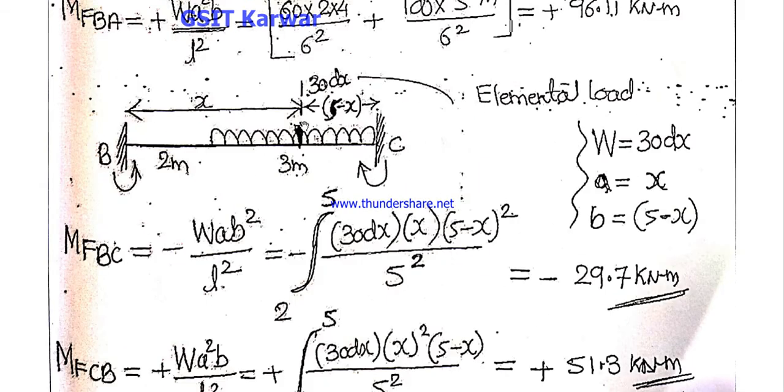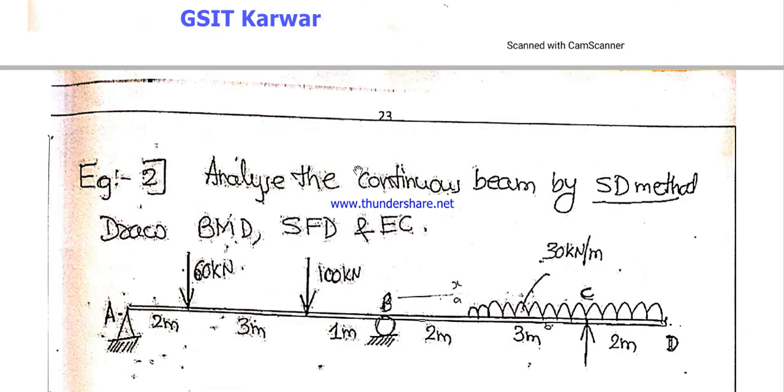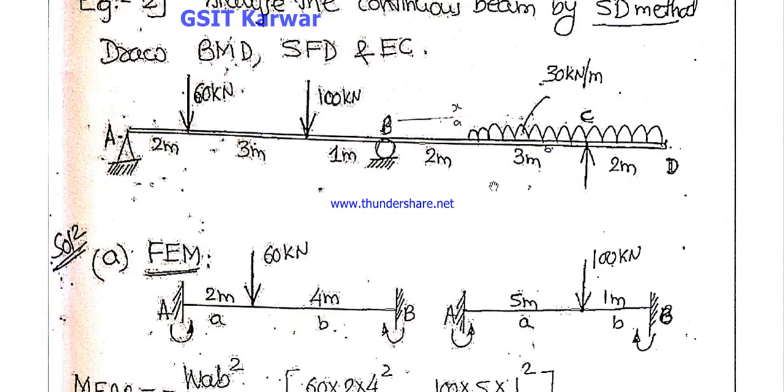Here you can observe, for span BC, the UDL is applied over a length of 3 meter, and that UDL is 30 kilonewton per meter.